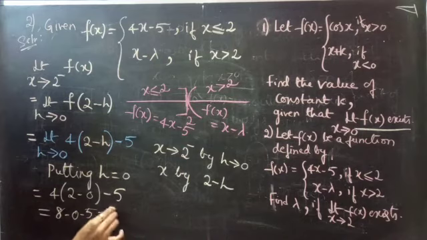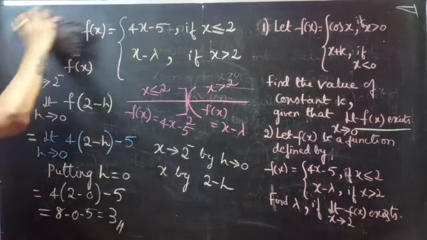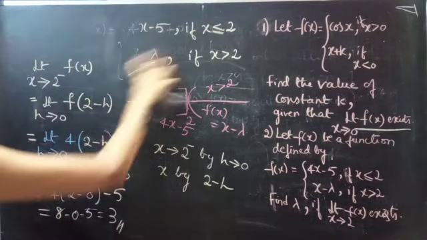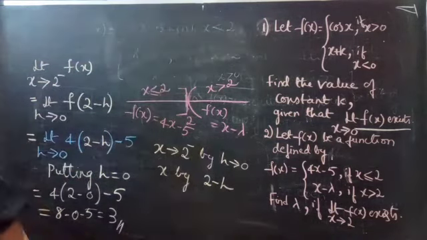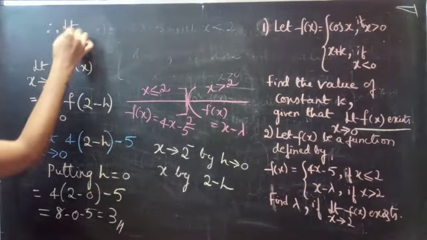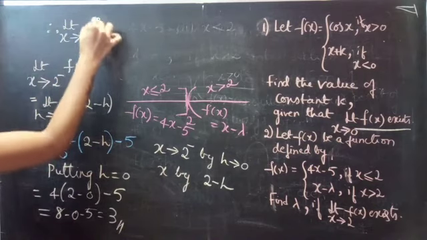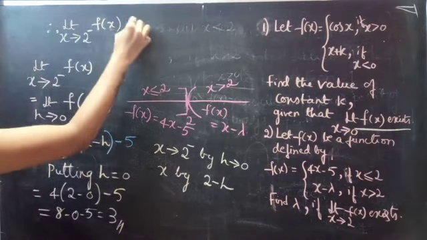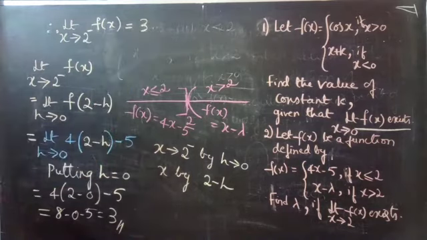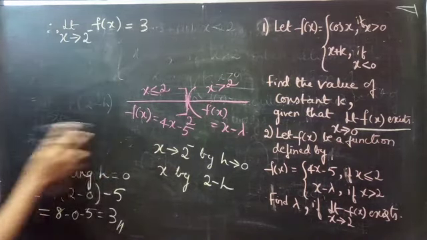So 8 minus 5 is 3. Therefore our left hand limit is equal to 3. Therefore limit x tends to 2 minus f of x equals 3.